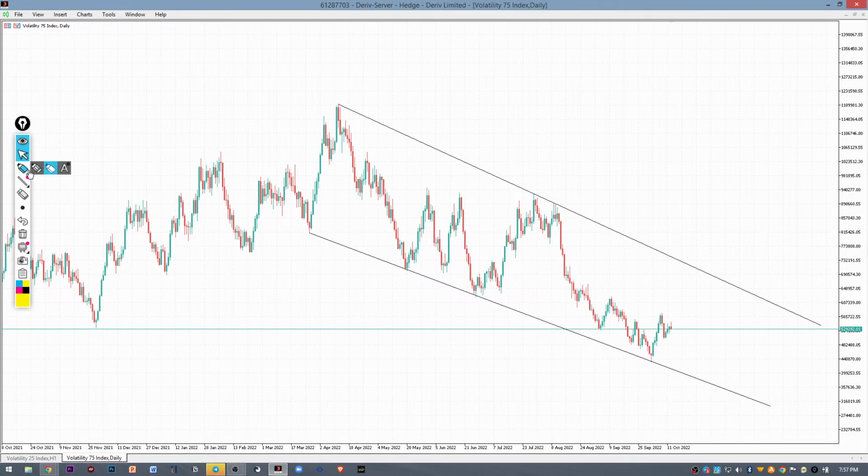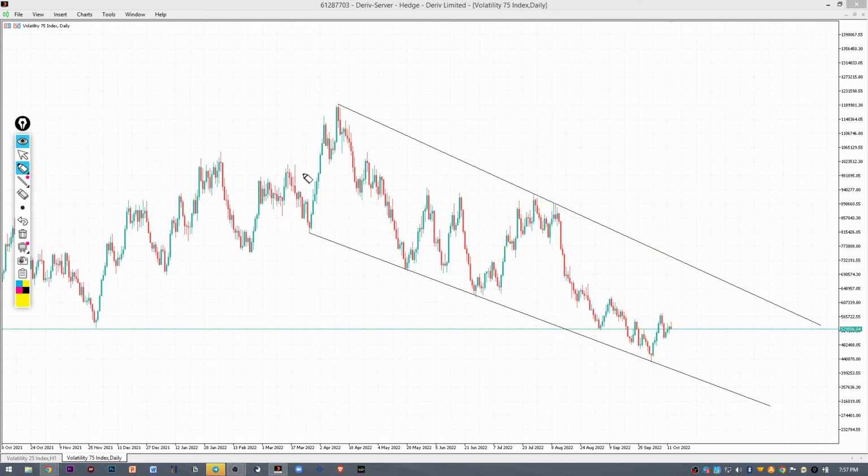As you can see, how respectful the Volatility 75 price is, it comes and respects this trend line, back and back, they respect it. There we can see price is now back at this trend line. So what do we expect? For price to continue to the upside, back to this trend line here again?